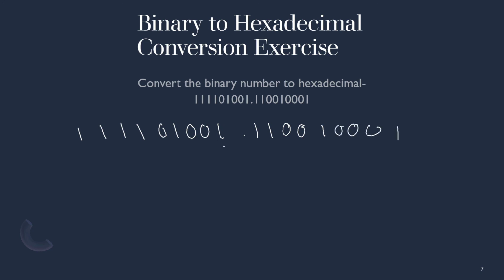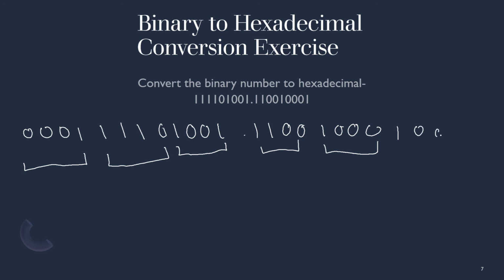All right, let's get our 4 digits. 4 digits and 4 digits. Tack on these extra digits right here. 4 digits, 4 digits. Tack on these extra digits to make it 4 digits. So what are we looking at?